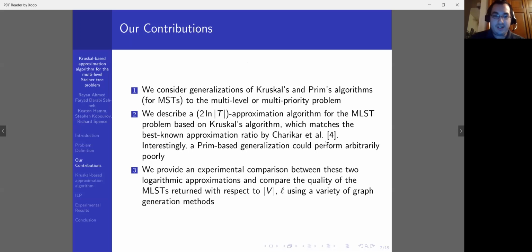If you just try to generalize Prim's algorithm, it can perform arbitrarily poorly with respect to the optimum. And lastly, we provide an experimental comparison between our proposed logarithmic approximation versus the one by Charikar et al. We compare the quality of the solutions returned with respect to the number of vertices and the number of levels or priorities, using different graph generators.